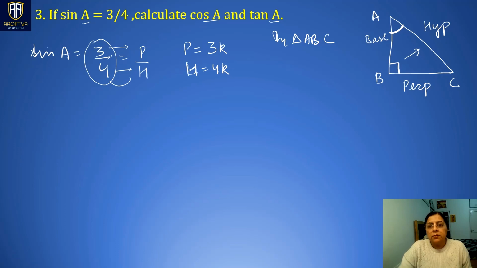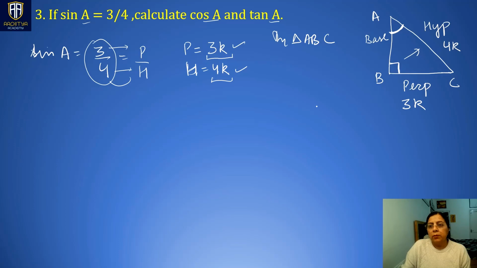This 3 by 4 is basically the ratio, not the exact measurement of those sides. 3 by 4 is the reduced version of the actual lengths of the triangle, which is called the ratio. So perpendicular I am writing as 3k and hypotenuse as 4k.